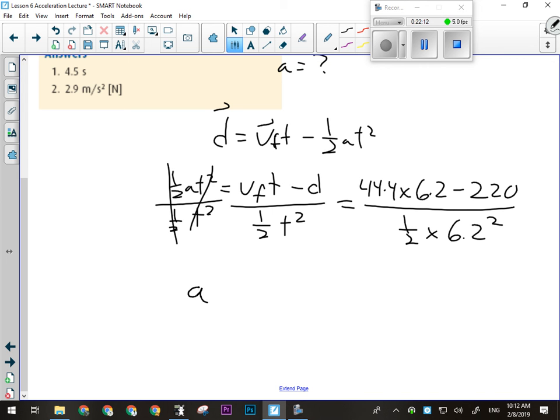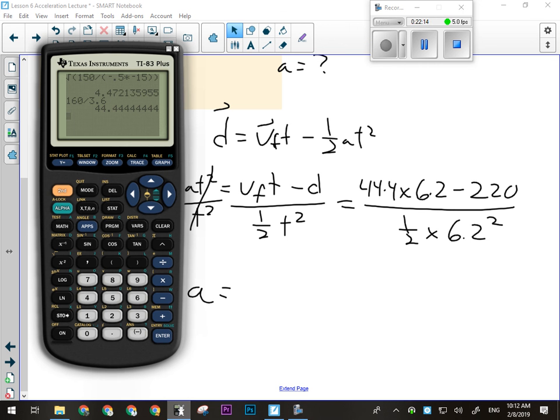That leaves me with A. I get 2.9 meters per second squared, and it ends up positive because I've made sure I've maintained all of my positives and negatives throughout the manipulation.